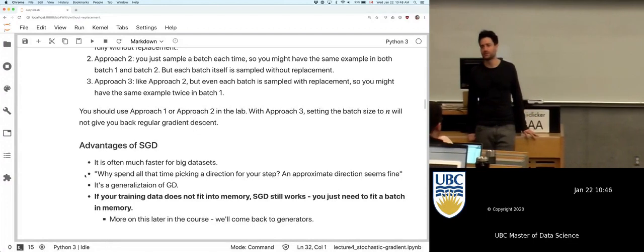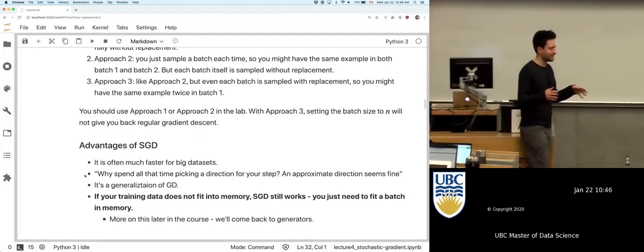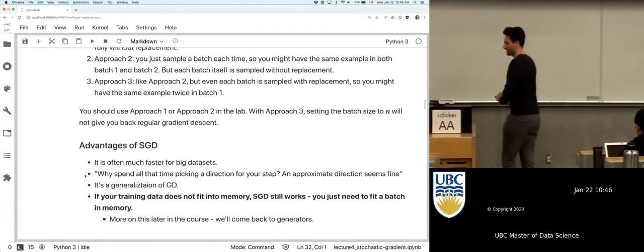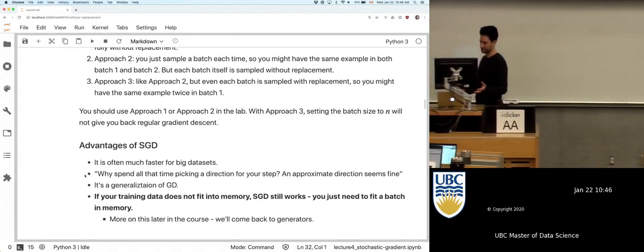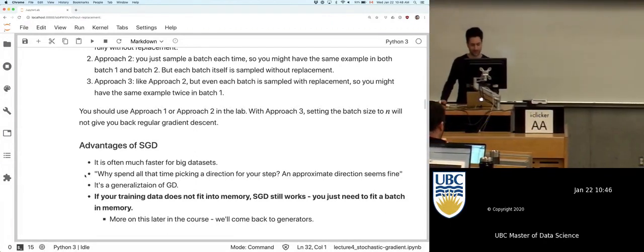Why not just spend a little less effort on each step? You don't have to get it perfect, and then do a lot more steps. So from that point of view, I think this actually seems like a very reasonable thing to do.